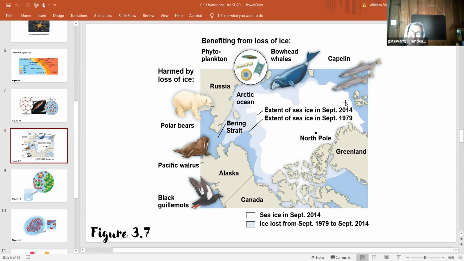And I think it's important for us in biology to understand that that is going to have a negative impact on some organisms and species, right? It's going to put pressure on them to adapt or change, or the variations that can live with less ice are going to be more successful. And there are also some organisms that are going to benefit from this loss of sea ice.